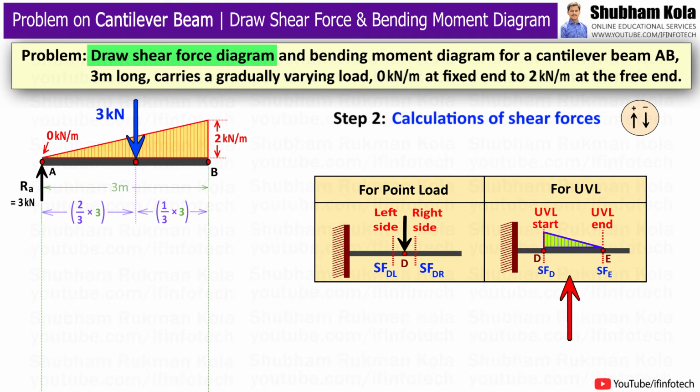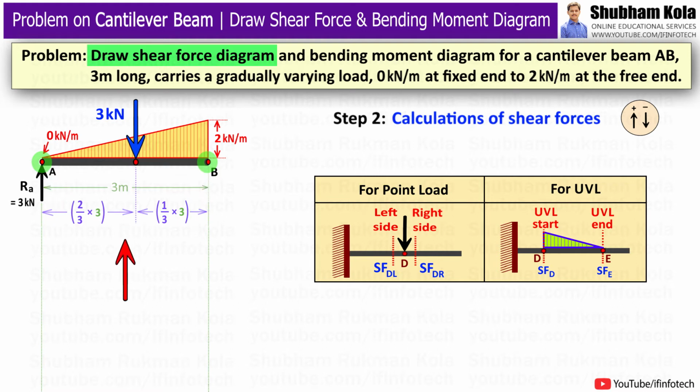But while calculating the shear force at a uniformly varying load, you should calculate shear force values at start point and end point of uniformly varying load. That is shear force at point A and shear force at point B we need to calculate.